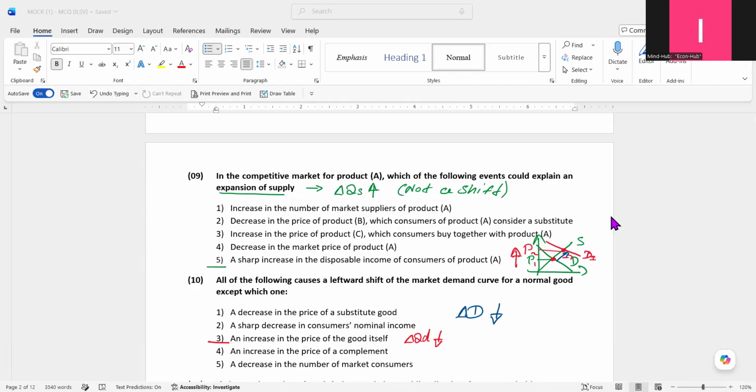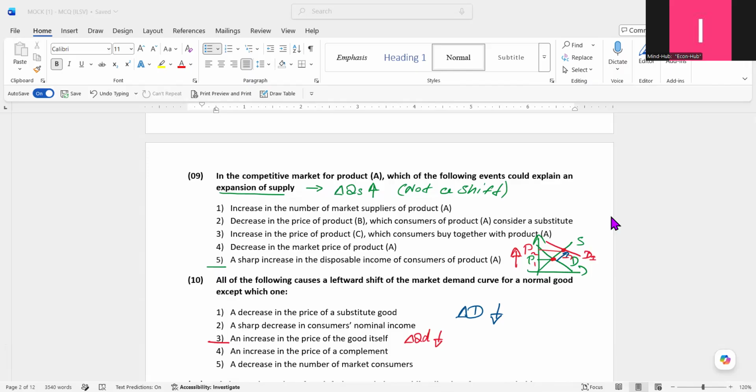When the disposable income of consumers of product A increases, we believe demand for product A will increase. When the demand increases, price increases. When the price increases, quantity supplied increases. I have explained this with the diagram also. Answers 1 to 4 talk about things that will cause a shift of the supply curve.